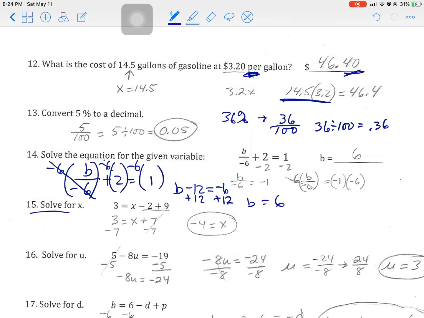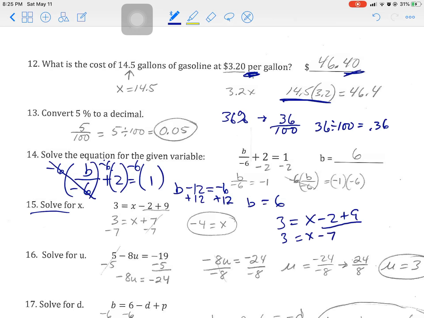15, solve for x. We have x minus 2 plus 9. I think the easiest thing to do would be combine like terms. Remember, you distribute, you can clear, you can combine like terms. All these things have to be decided on for each individual problem. So this one you need to combine like terms first and get that to be a 7, right?